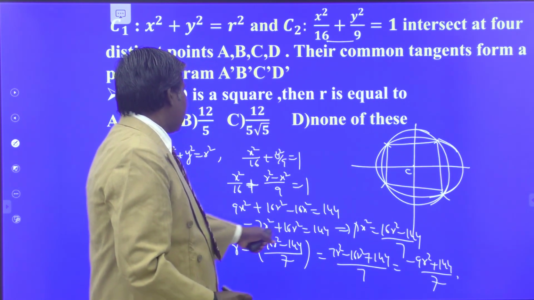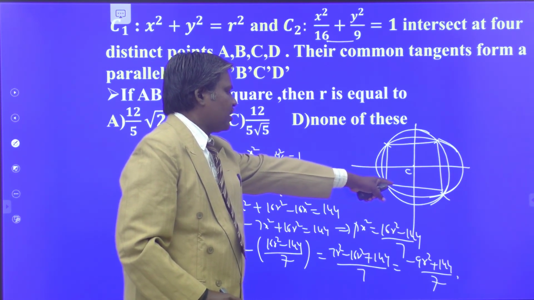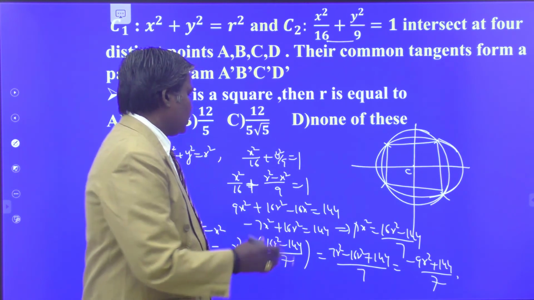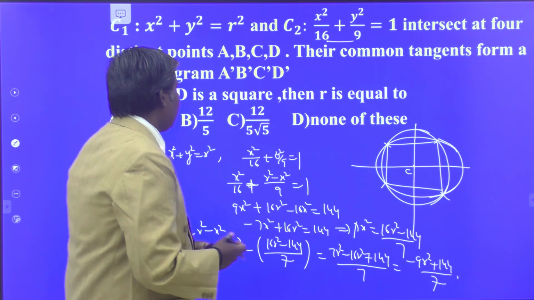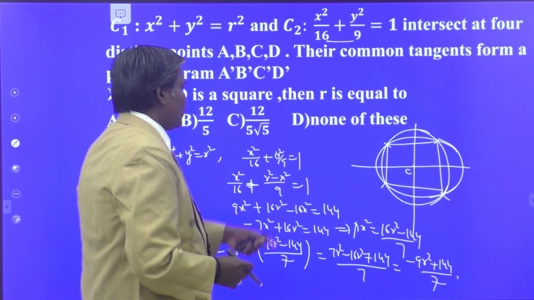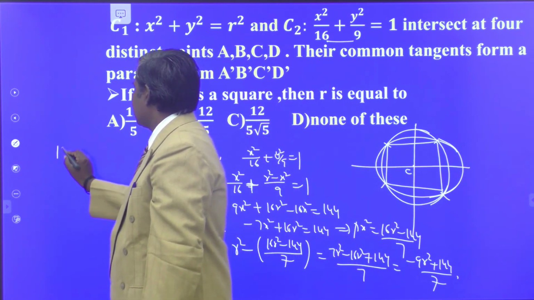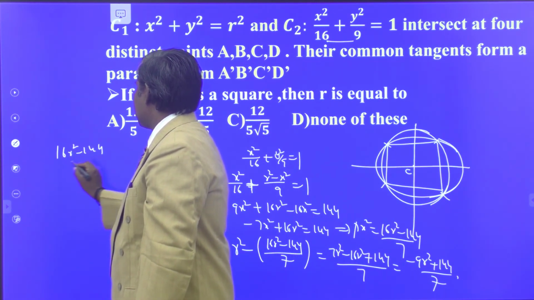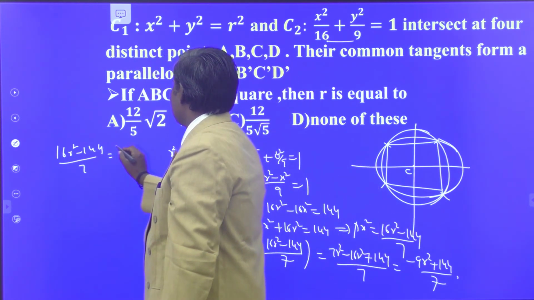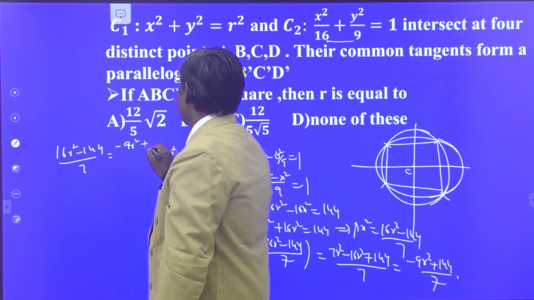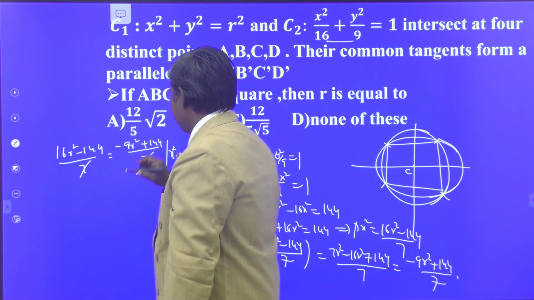So both the values are the same, because the points are x comma x, x comma minus x, minus x comma x, and so on. So both x square and y square values must be the same. We equate x square is equals to y square. What do we obtain? 16r square minus 144 by 7 is equal to minus 9r square plus 144 by 7. 7 gets cancelled.